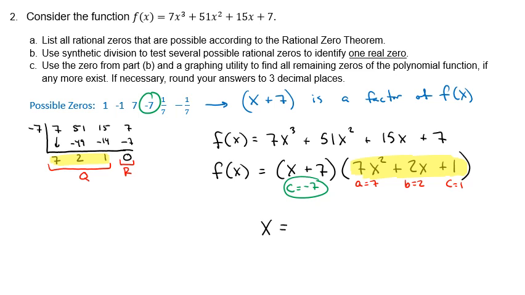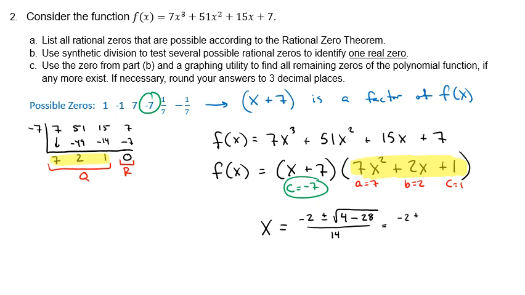So x is equal to -b plus or minus the square root of b squared, which is 4, minus 4 times a times c. 4 times 7 times 1. So minus 28, all divided by 2 times a, which is 14.